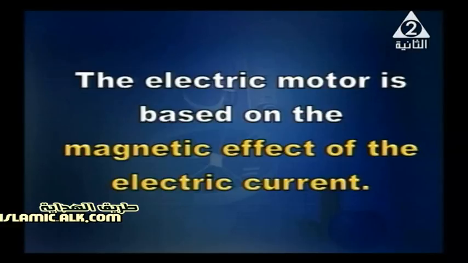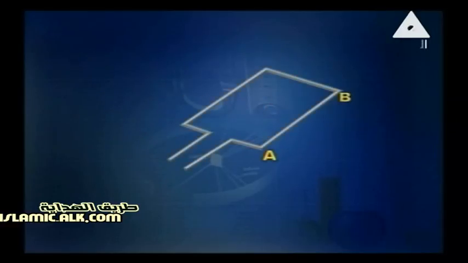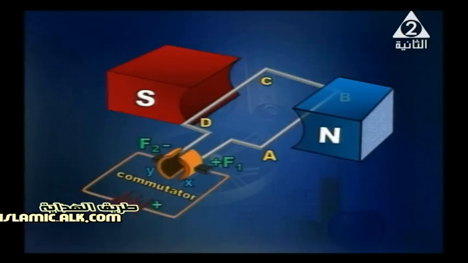And now, what about the structure of the DC motor? In front of you, you will be able to watch the structure of the motor in its simplest form. So we've got a coil that rotates between the two poles of a magnet, and we've got two brushes, a commutator and a battery.